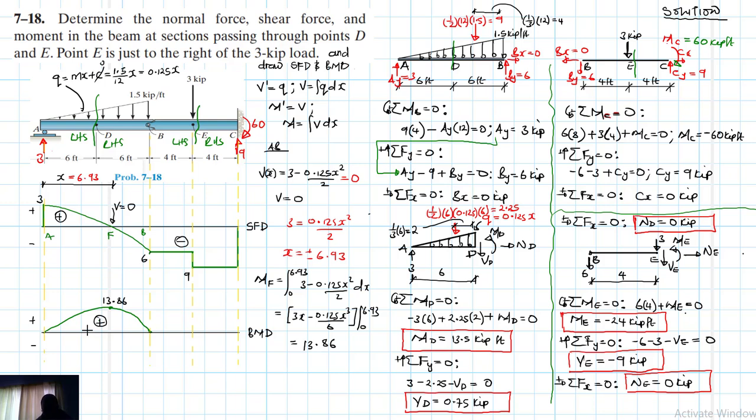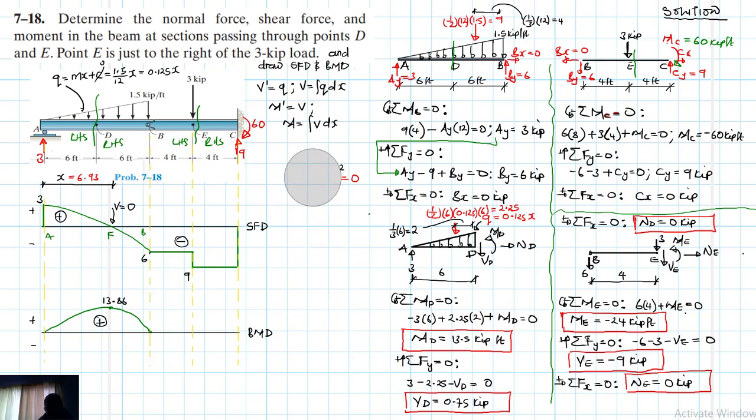Alright, let me just check it. 3 times 6.93 minus 0.125 times 6.93 cubed divided by 6 is 13.86. Great. So that's the value. Basically, we found that value there with these equations. If you are not comfortable with using these integrals, these differential equations, you can just do the sectioning method. But it's important to have knowledge of both so that you can choose whichever is simpler for you.